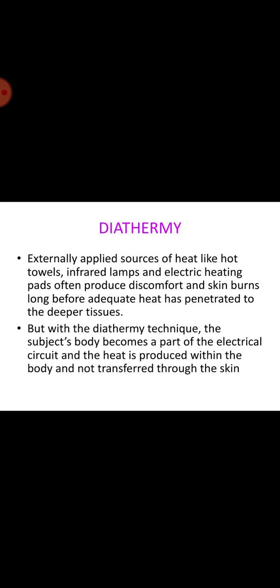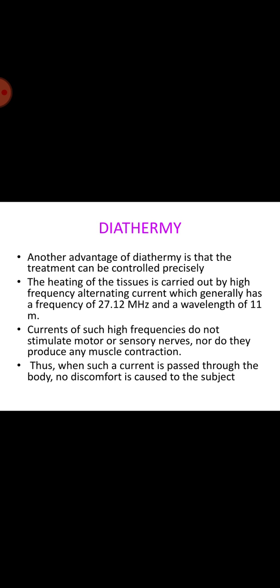In desiccation, needle point electrodes are stuck into the tissue and then kept steady. Depending upon the intensity and duration of the current, a high local increase in heat will be obtained and the tissue changes due to drying and limited coagulation. Another advantage of diathermy is that the treatment can be controlled precisely.